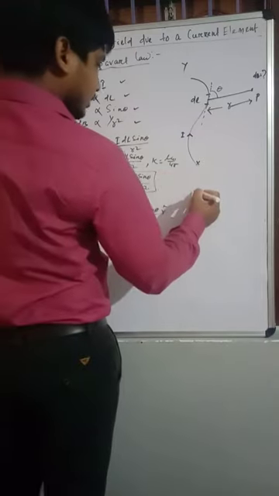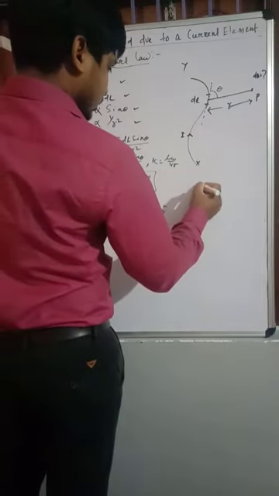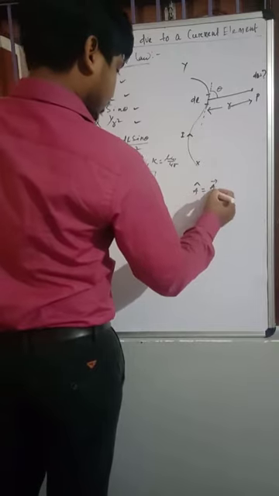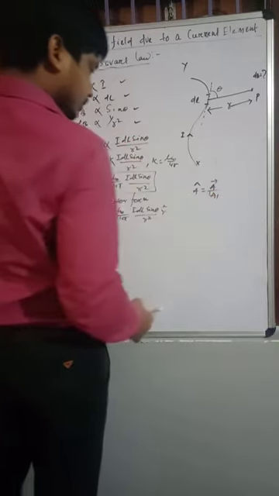And we know that a unit vector is represented by the vector divided by its magnitude.